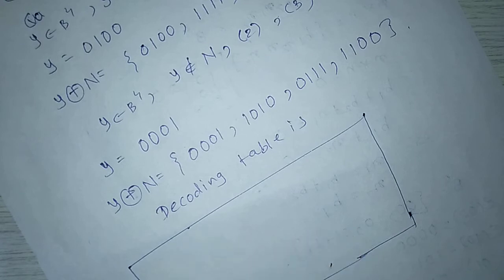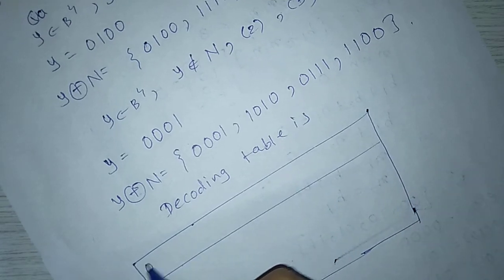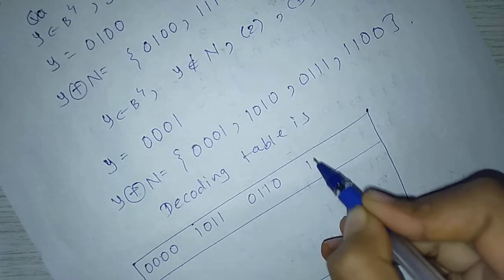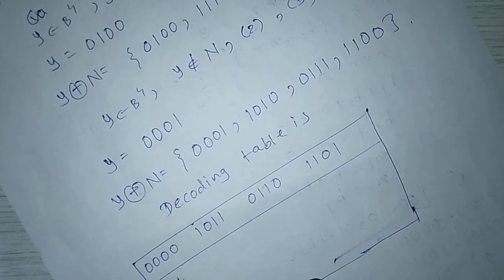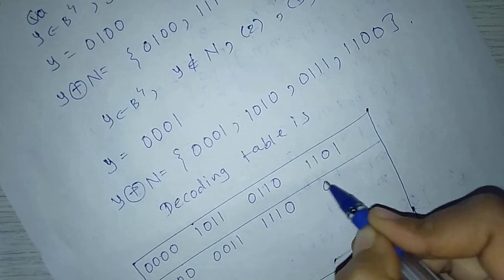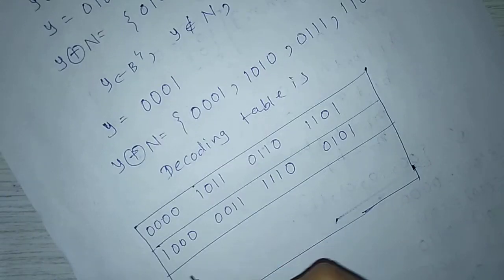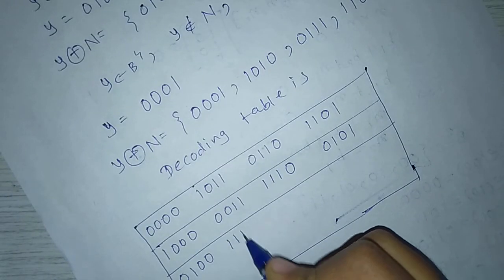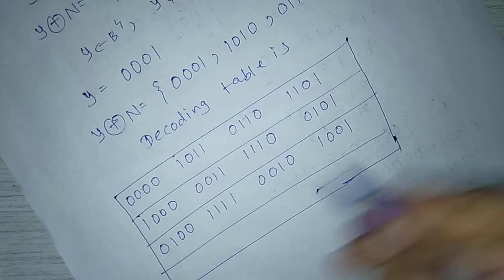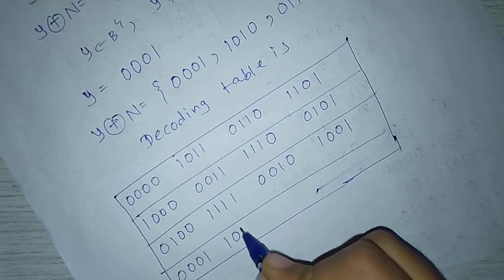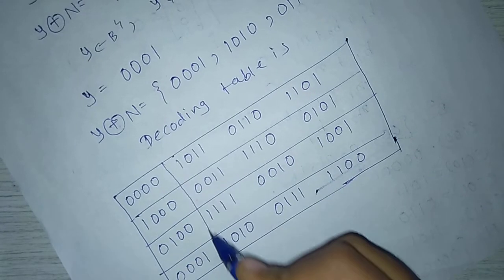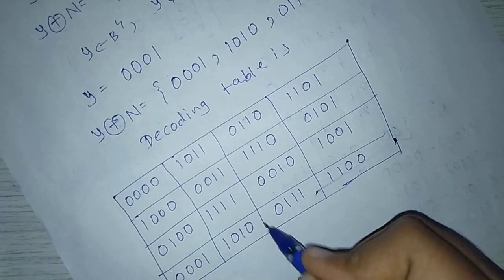So the decoding table is: first write n elements 0 0 0 0, 1 0 1 1, 0 1 1 0, 1 1 0 1, then the next rows, and finally 0 0 0 1, 1 0 1 0, 0 1 1 1, 1 1 0 0. This is nothing but the decoding table.